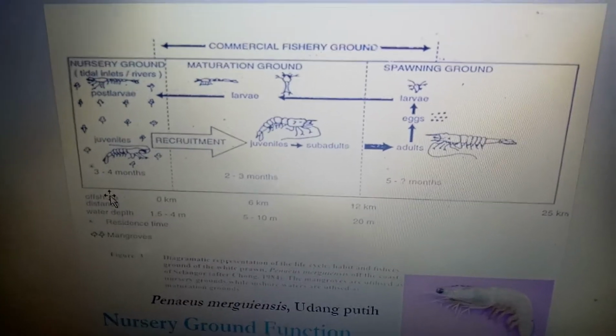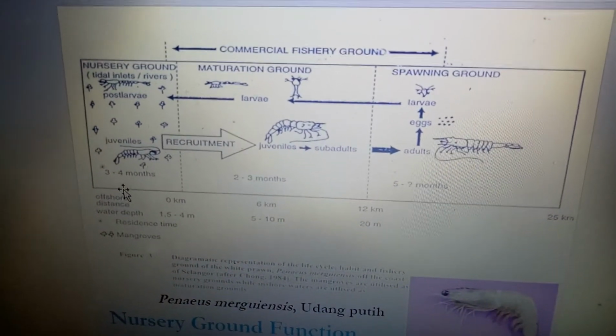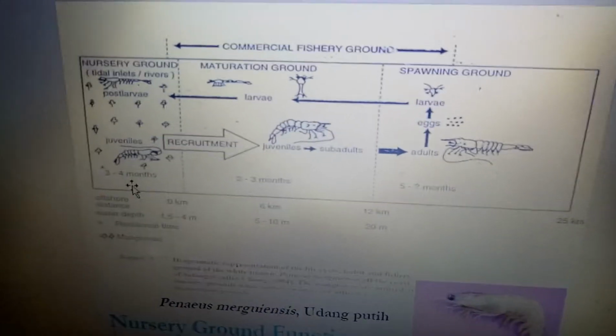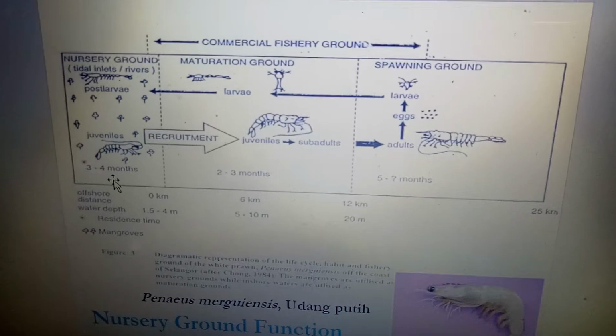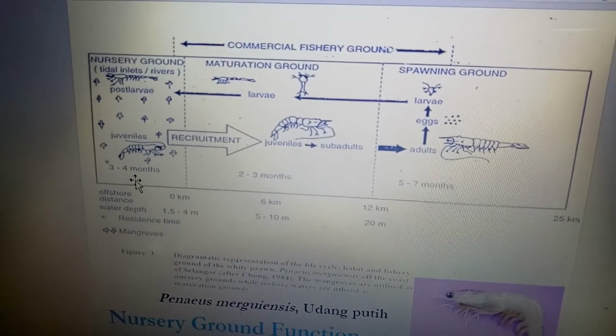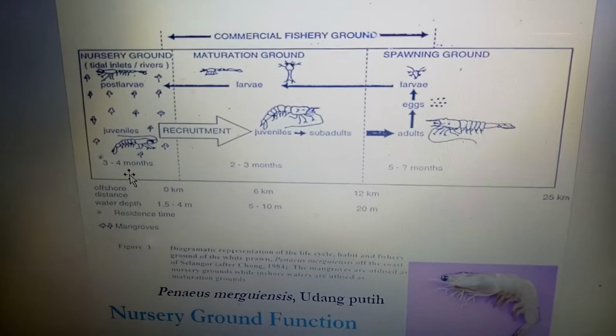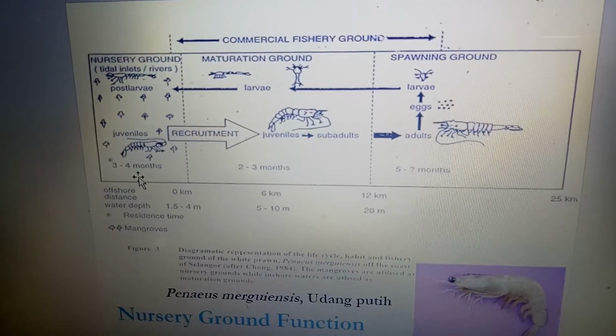In this area, only juveniles of 3 to 4 months can live and adapt here, because they are very small and still in the juvenile condition. This water depth is suitable for them because they are still small.